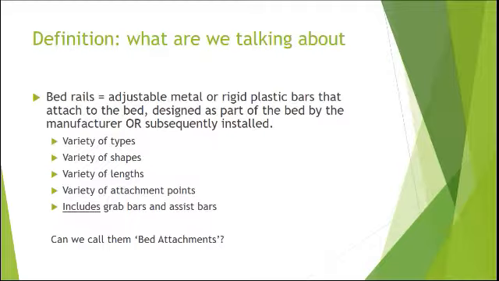Some facilities are still under the impression that the very, very short rails that come down from the headboard aren't included in this. Everything is included in these regulatory requirements. A variety of attachment points. Sometimes they extend from the headboard a quarter of the way, a half of the way.